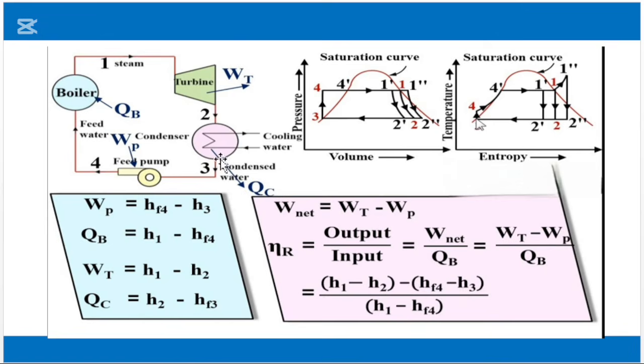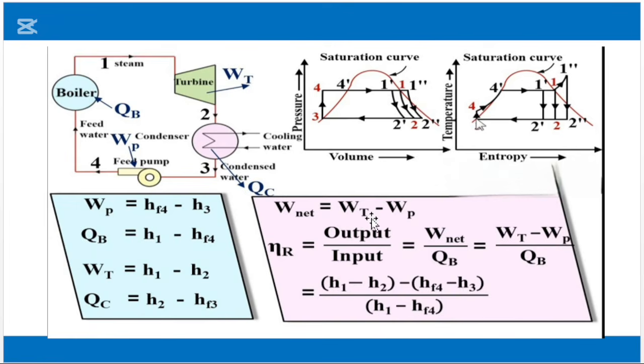This condenser is between 2 and 3, so it is the enthalpy difference between 2 and 3. Now you have to see where there is more enthalpy. Once condensation happens, heat is lost. So number 3 has less enthalpy. So this is going to be H2 minus HF3, F for fluid.